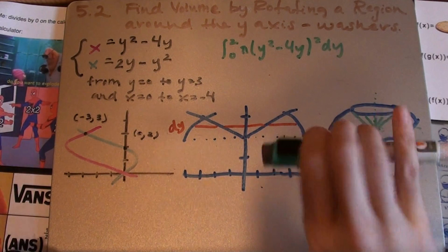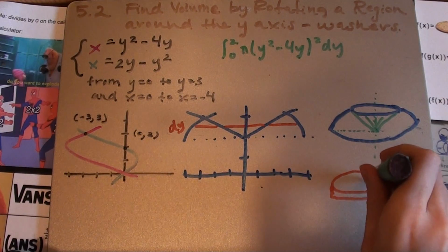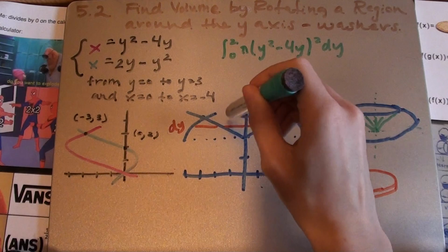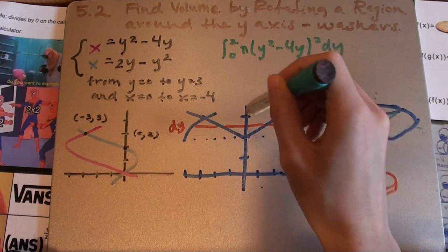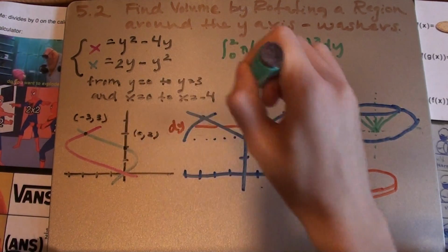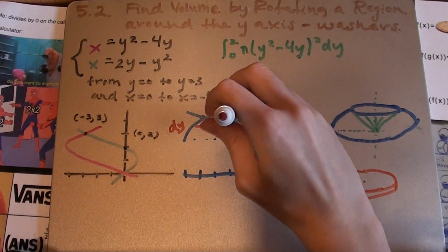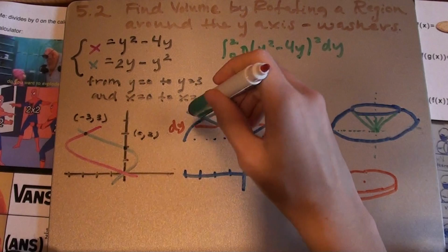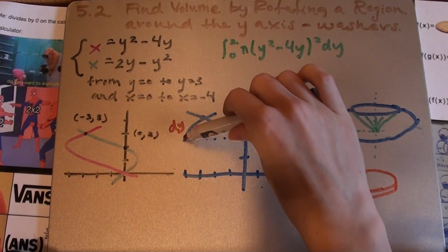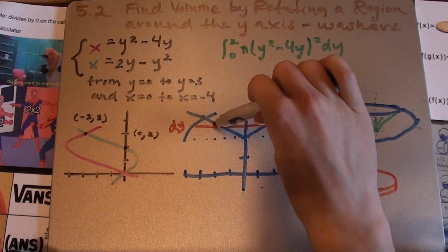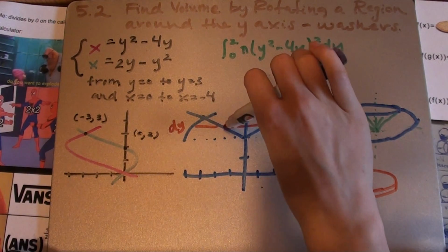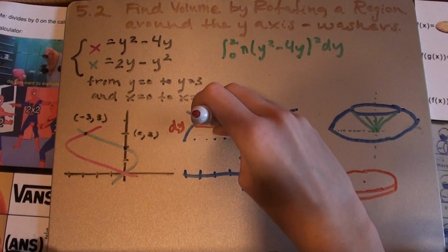We don't want the whole entire shape though, do we? Because we're not rotating in here. This region is not included in our bounds. So what we have to do is subtract out the radius. We have a radius from our pink function to our x-axis, and we have to subtract out the radius of our blue function to our x-axis.